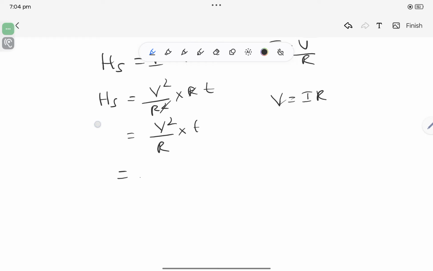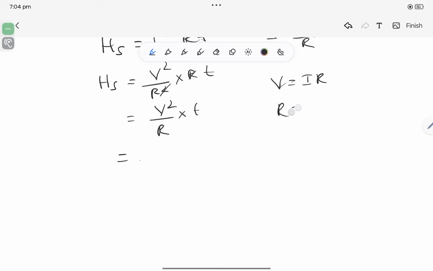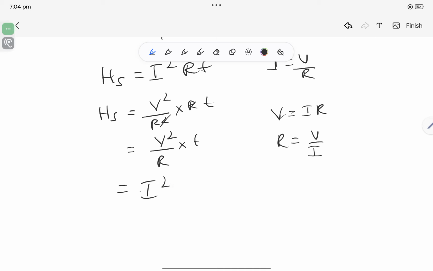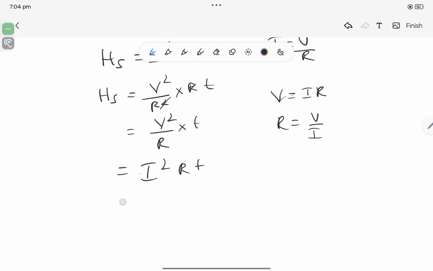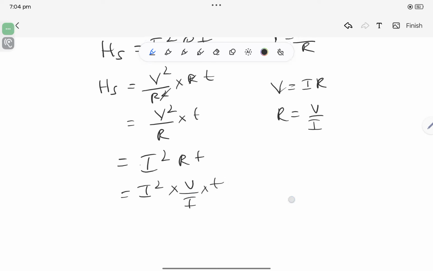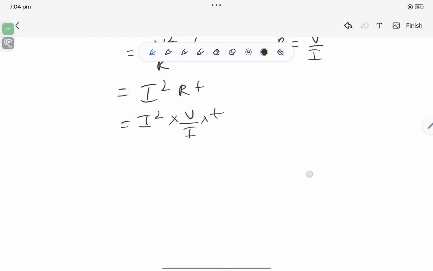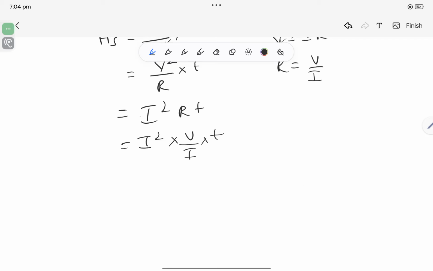If you replace resistance, what will come? Resistance is equal to V by I. From this, I square into R into T becomes I square into V by I into T. So from this we can write V into I into T. These are the different formulas for heat generation.